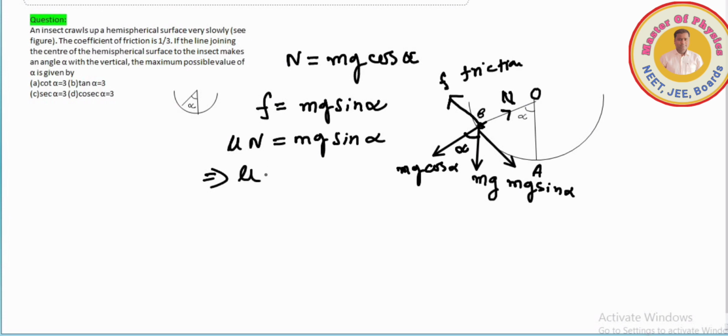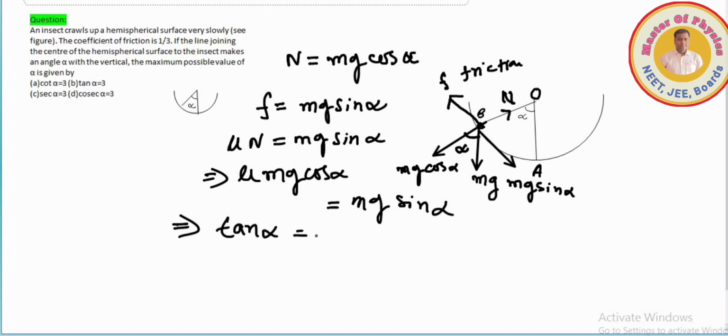N equal to mg cos alpha, so mu mg cos alpha equal to mg sin alpha, and this gives tan alpha equal to mu, or tan alpha equal to 1/3, the given value of mu.